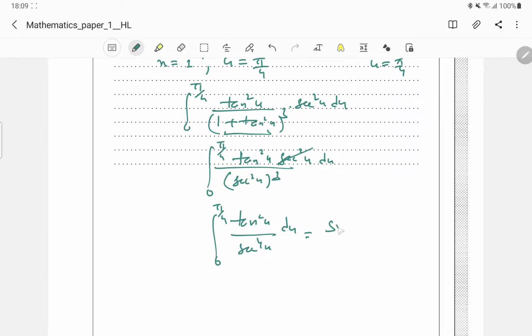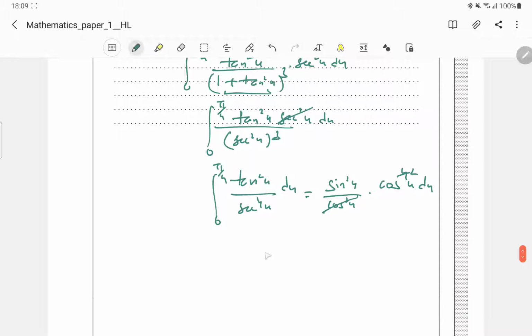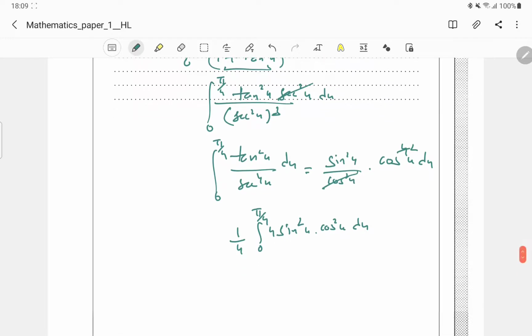Now tan square u will be sin square u over cos square u, and this will be cos to the power 4 u du. Because it will be cos square u, I'm left with the integral from 0 to pi by 4 of sin square u into cos square u du. Just multiply and divide by 4, so it will be this.